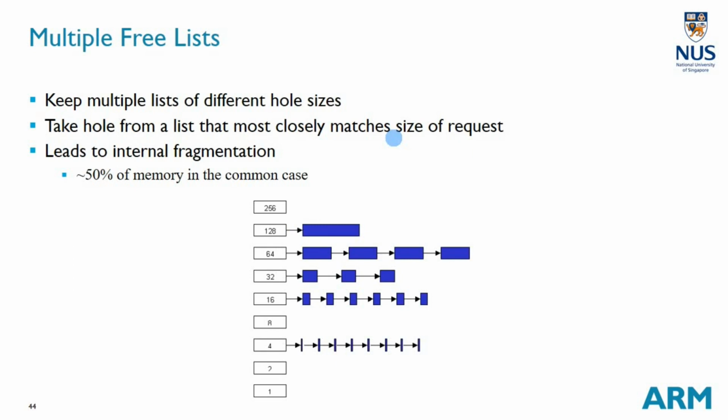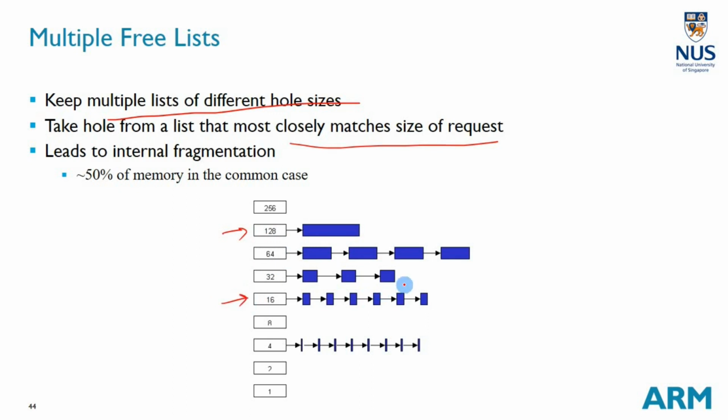There's also another way in which we can manage this. We can keep multiple lists of different hole sizes, and what we do is we take a list that closely matches our request. So I can have a list of memory chunks that point to chunks of 128 bytes or chunks that point to 16 bytes and so on.